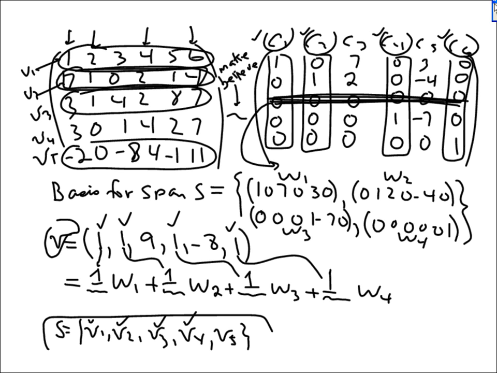How did I do that? I looked at column 1, column 2, column 4, and column 6, the ones that had a leading 1. Column 1 does, column 2 has a leading 1, columns 4 and 6 have leading 1s, and none others do. It didn't matter that I didn't reduce it correctly.